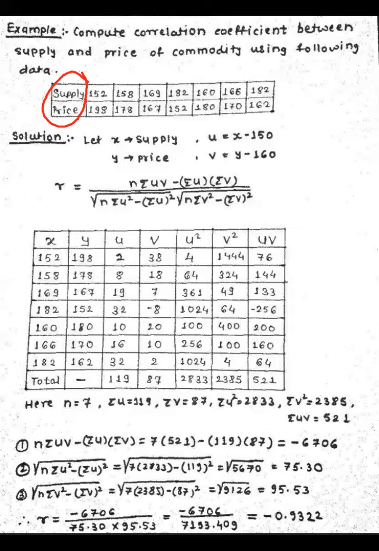That is, if supply increases, then price will decrease. So in this way, you can find the relationship between two variables. I hope all of you understand about correlation and how it is calculated. Thank you for watching this video.